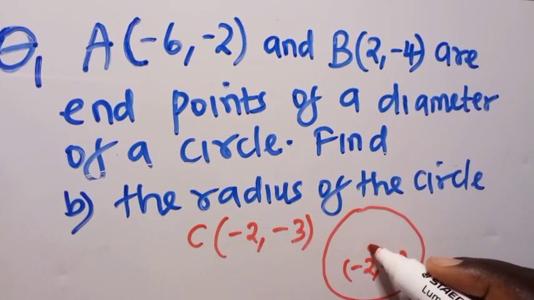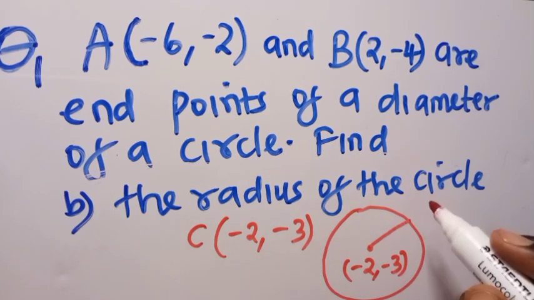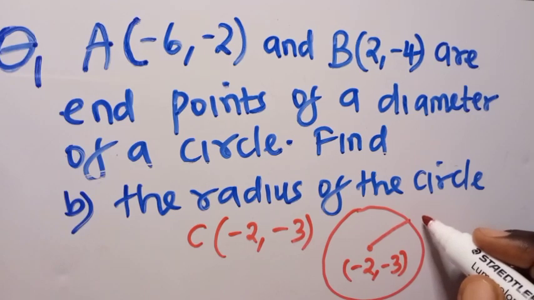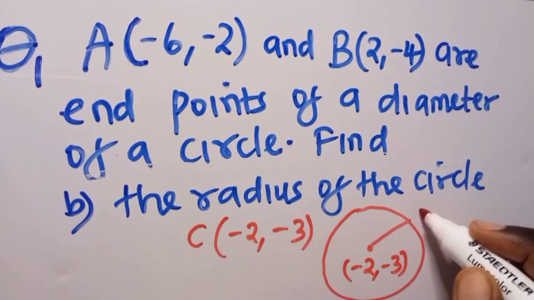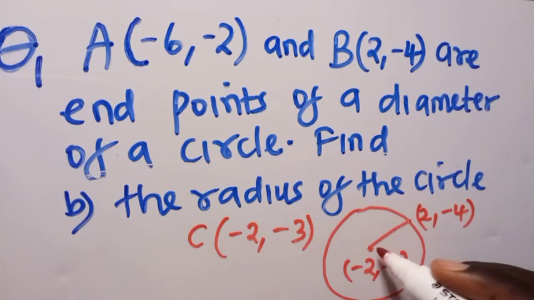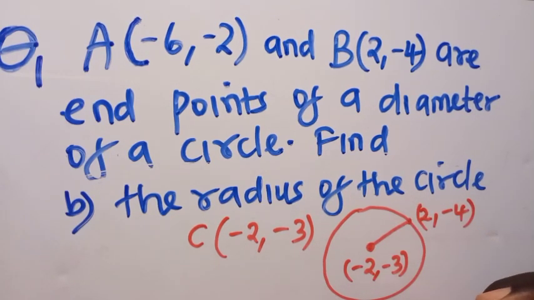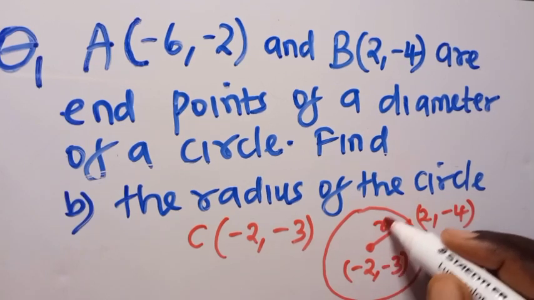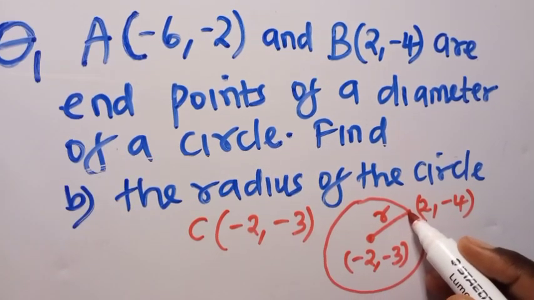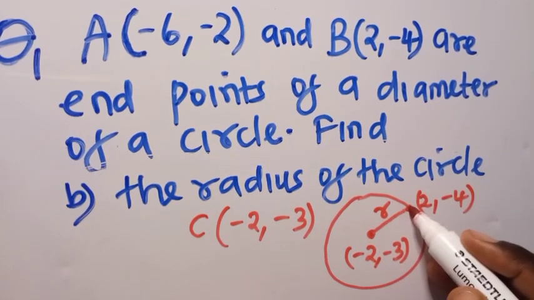Then the far end of the diameter, for example, point B, which has the coordinates 2, -4. The distance from here up to here is just the radius of the circle. Now, how do we find the distance from here up to here?